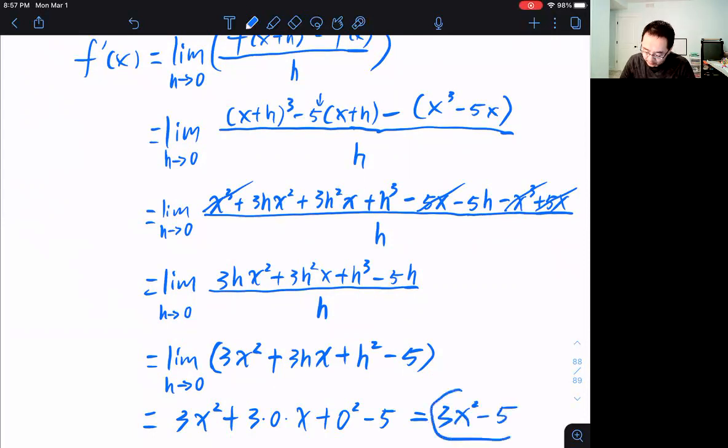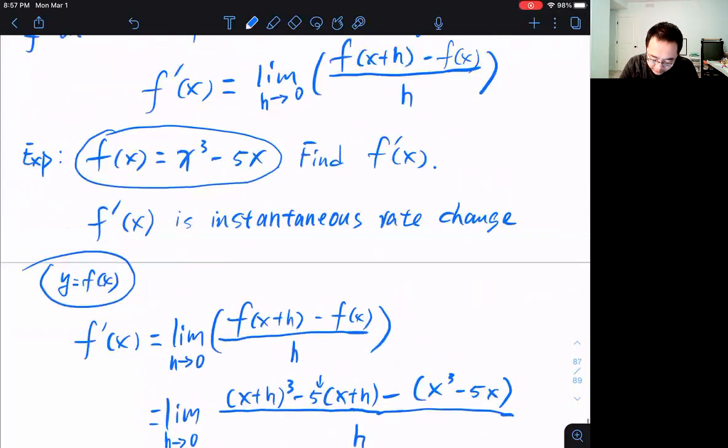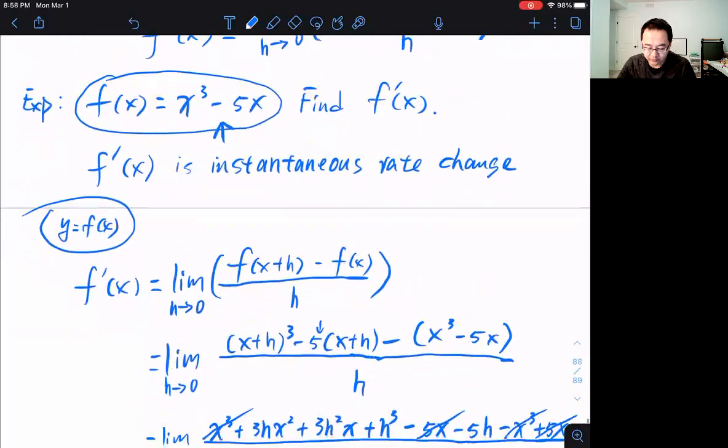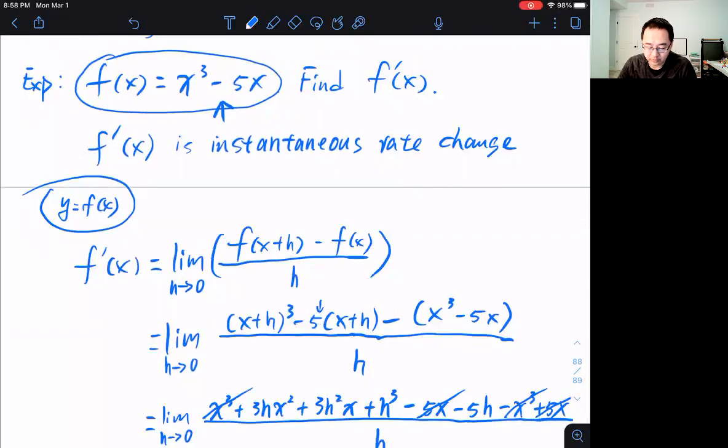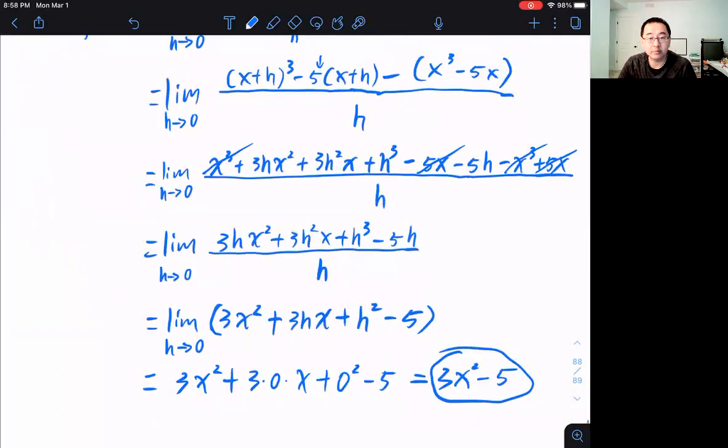And this is your derivative for the original function right here. Okay, so given the original function of f of x equals x cubed minus 5x, the derivative is 3x squared minus 5. Okay, so that's how you define and calculate a derivative.